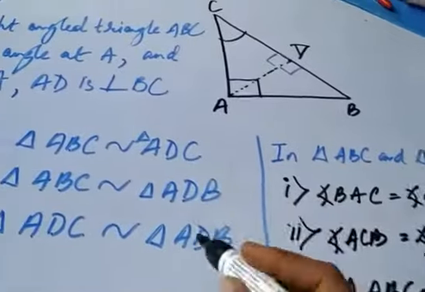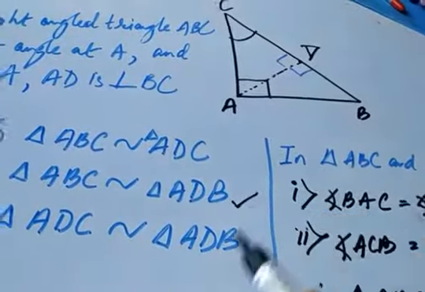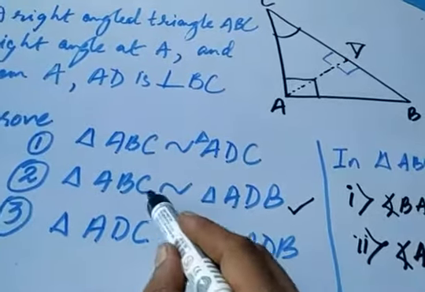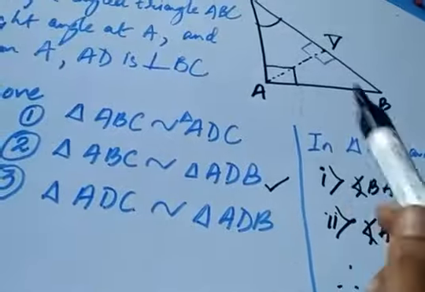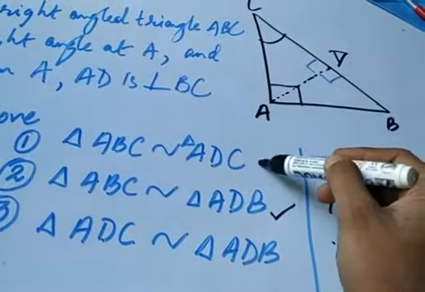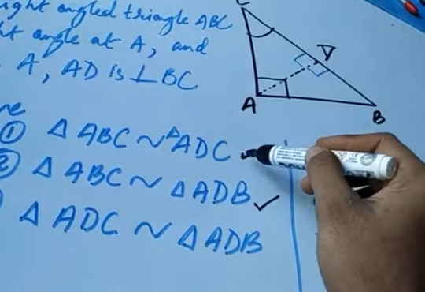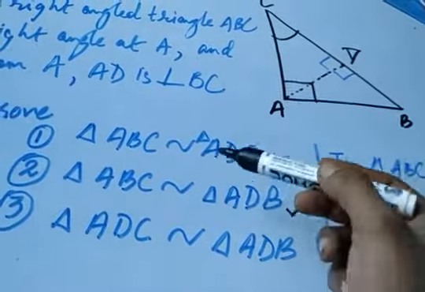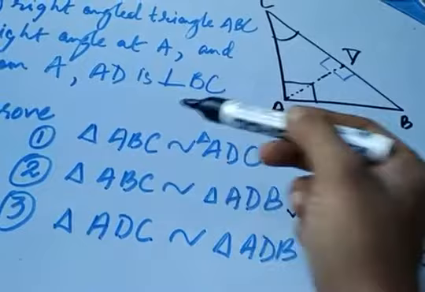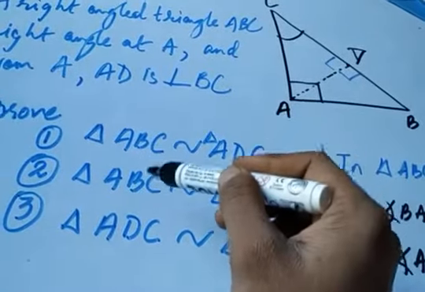I want you to prove this second one. So once the second one is proved, for the third one you need not prove similarity. I'll tell you what you have to do. If this is proved and this is proved, this I have just proved, and you have to prove this. Okay, once these are proved, then you see this triangle is similar to this triangle is also similar to this.